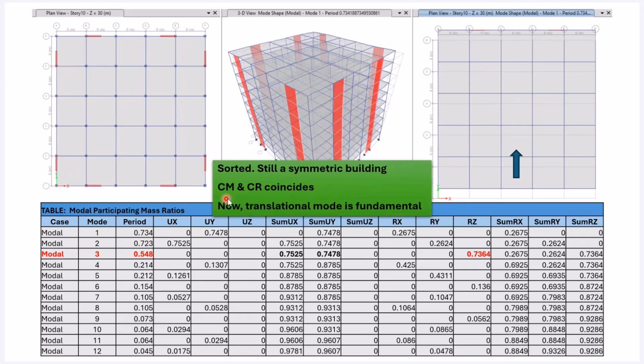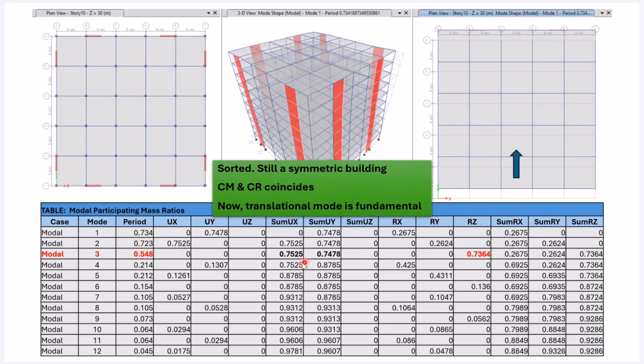Note the center of rigidity and mass again coincide, but the placement matters here. And with this, you will see that mode 3, at 73%, is the torsional mode. And you can see mode 1, I'm showing it here, has just become translational for this case, right?